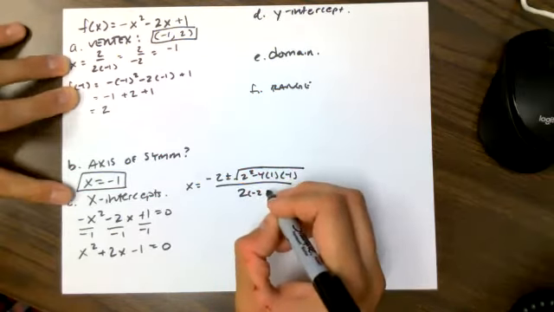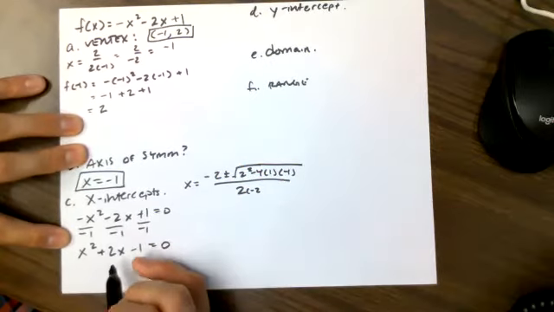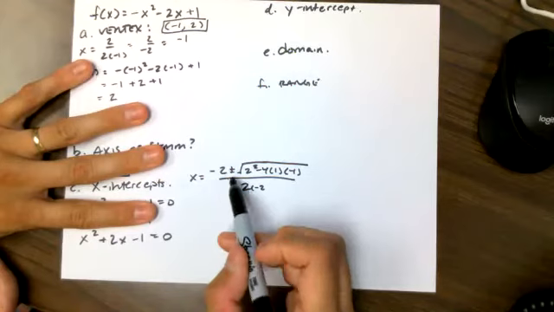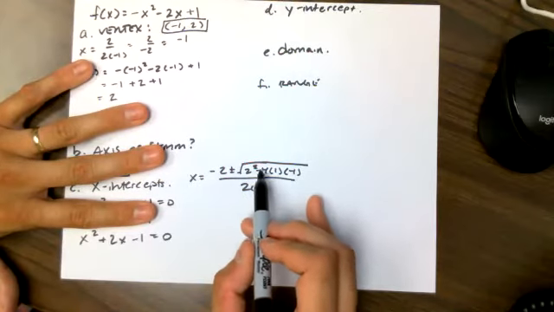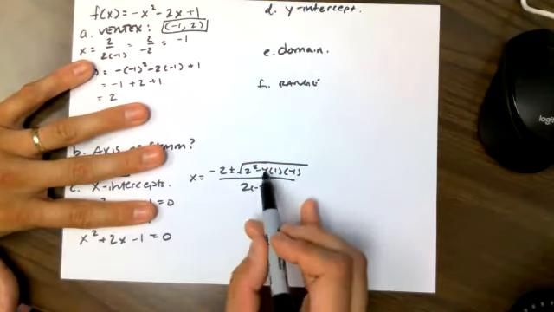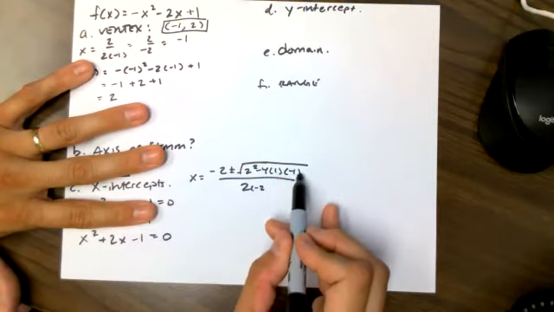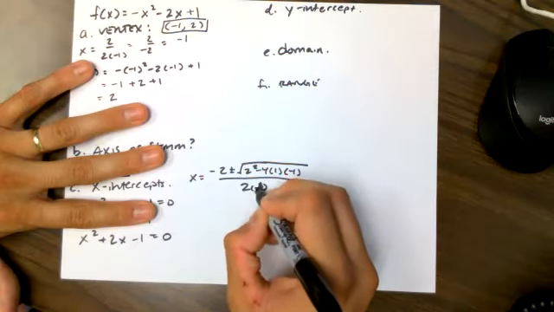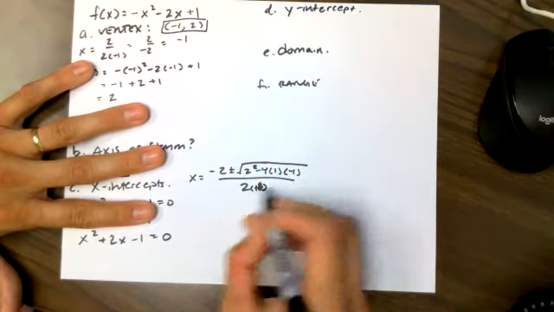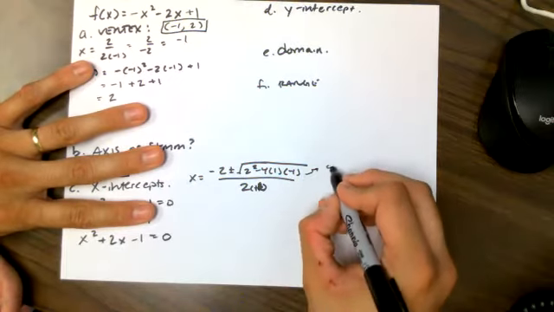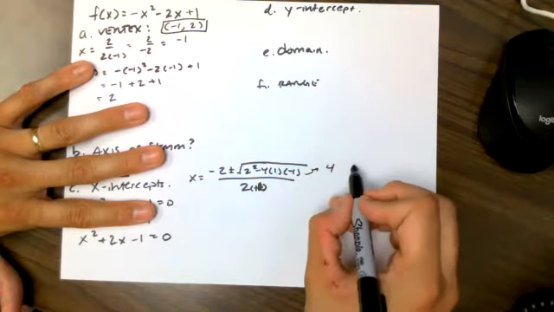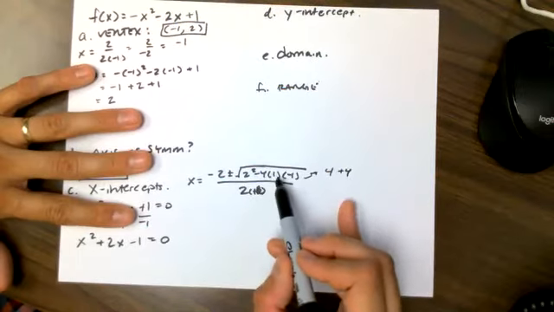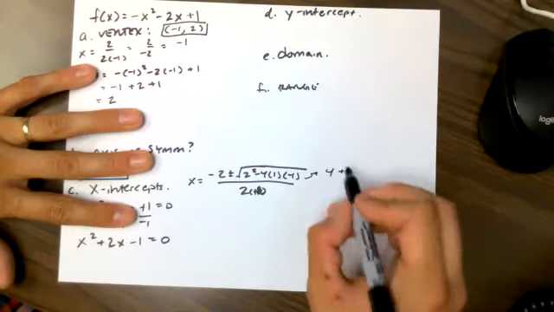Hold on. I'll do this one. Negative b plus or minus the square root of b squared minus 4 times a times c all over 2 times a. So this a would be a positive 1. So underneath the radical, I get 4 plus 4, right? Because negative 4 times 1 times negative 1 is a positive 4, so you get 8.